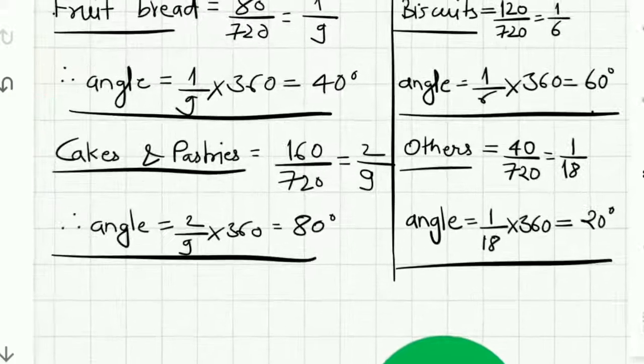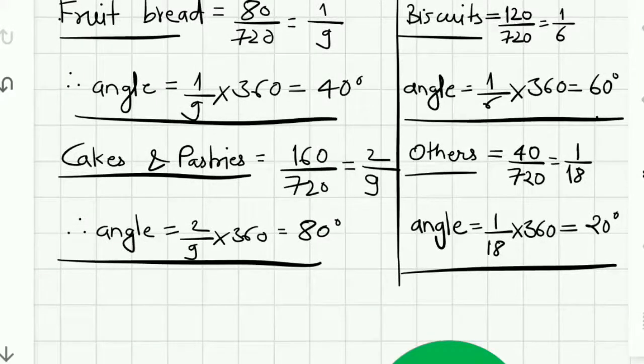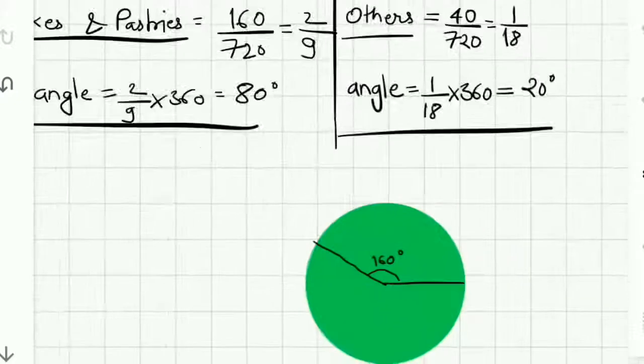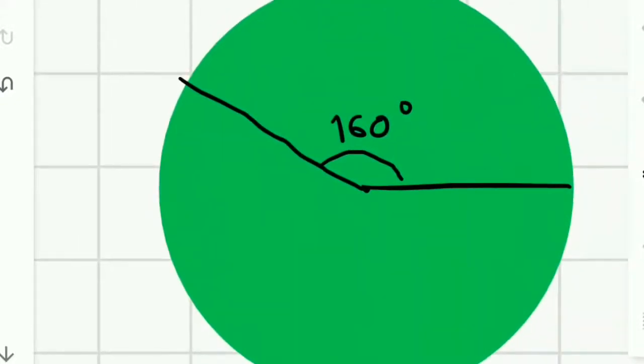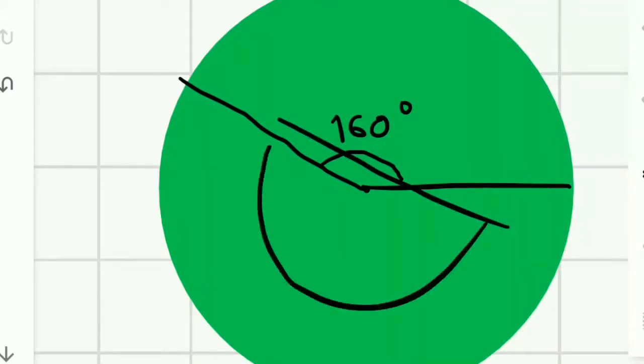Now the next angle that we found out is for fruit bread, and it's 40 degrees. So what we do is we put our protractor like this. We match the center with the center of the circle and match this line here with the 180 degree line marked on the protractor.